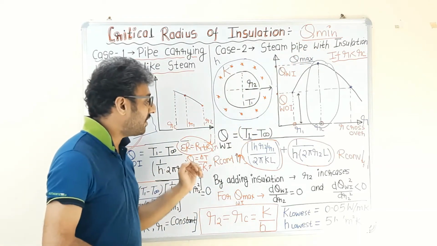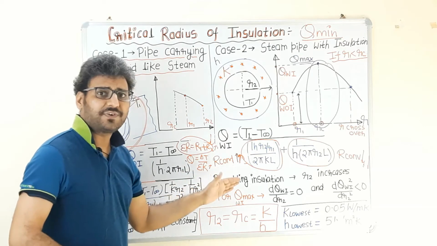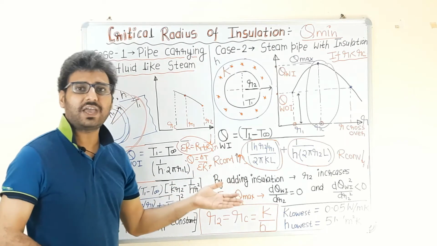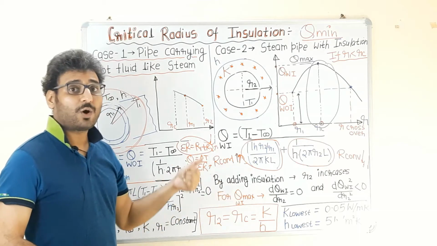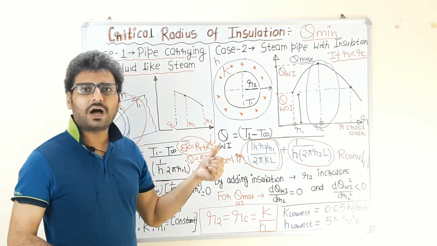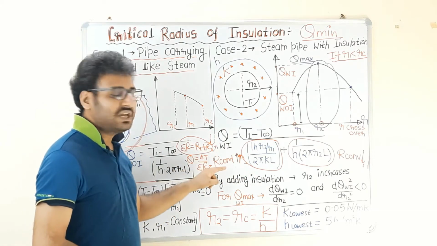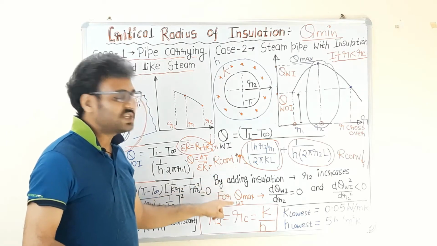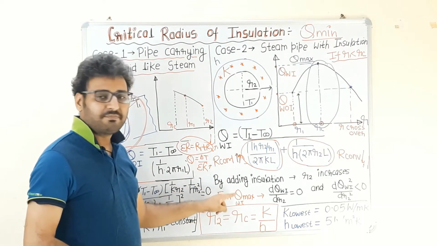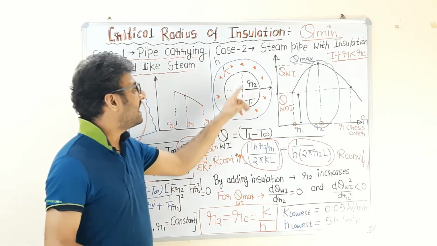Now we will shift our consideration to the case where heat transfer rate is maximum. Why are we going to do this? Because we want to ensure that we do not make a blunder. If by adding insulation the heat transfer rate for the system is maximum, then we are making a blunder in designing the system.